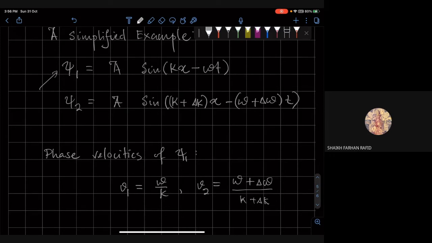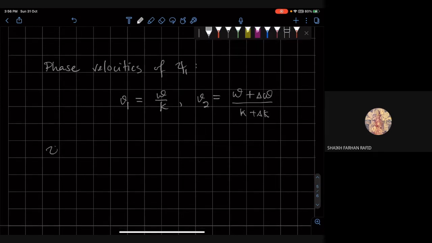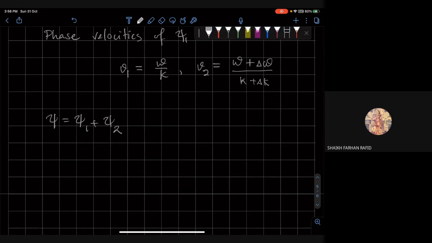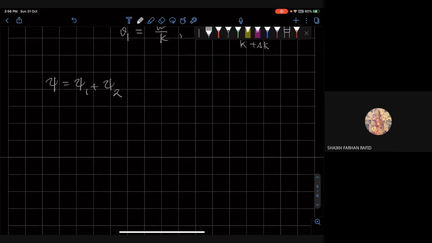Now, if I look at the superposition of these two waves, psi is equal to psi1 plus psi2, the simplest superposition that I can do, then I can use the trigonometric identity that sine of c plus d plus sine of c minus d is equal to 2 sine c cosine d.